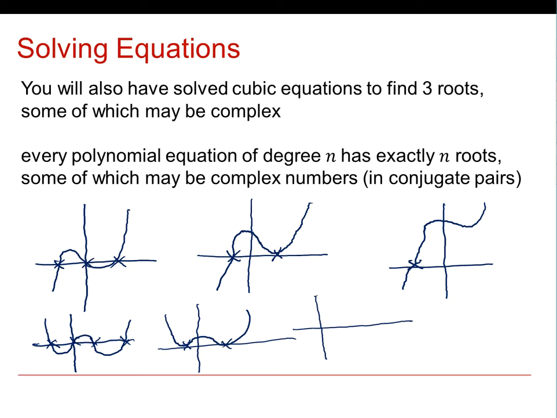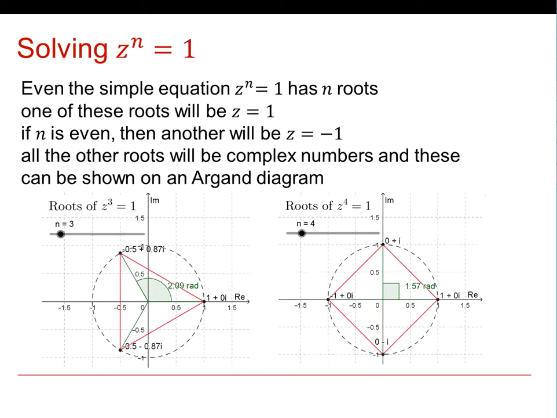We could have an option where we've got a complex conjugate pair of roots and then two real roots. We could have two complex conjugate pairs of roots, and so on. You may wish to do more sketches on your own and check all the different options.